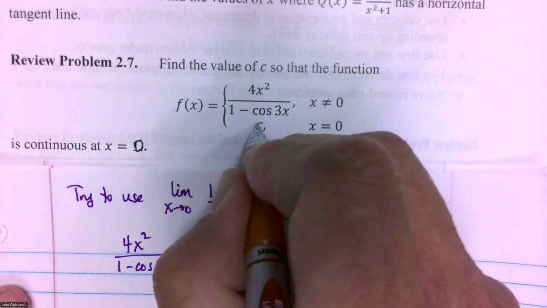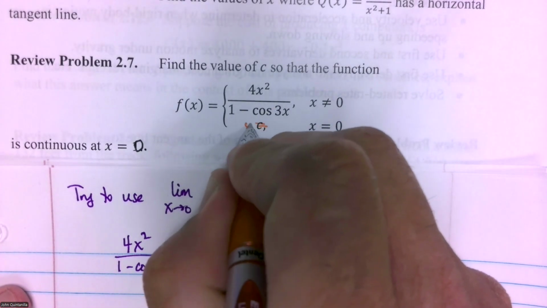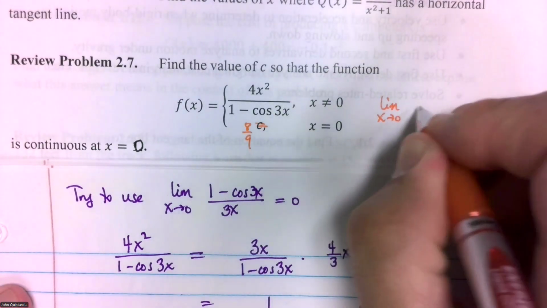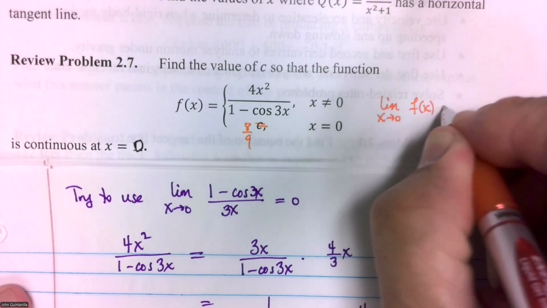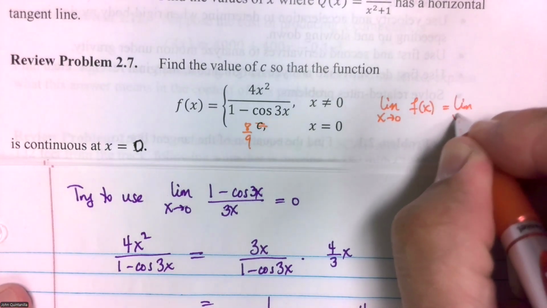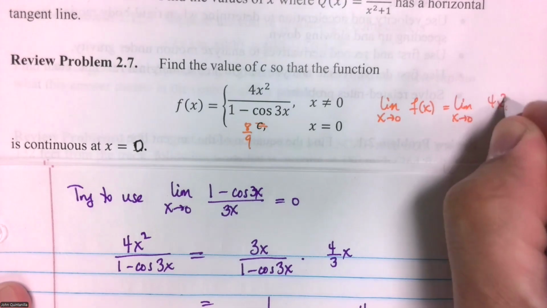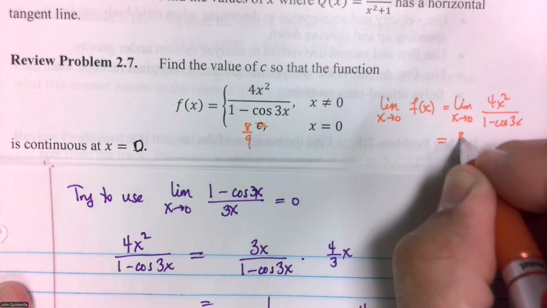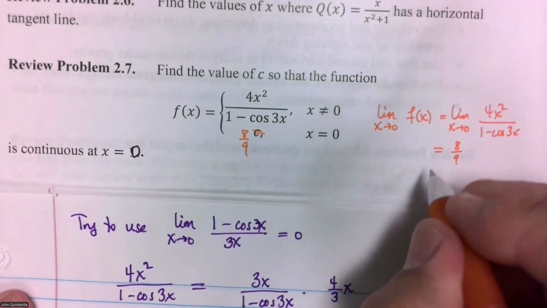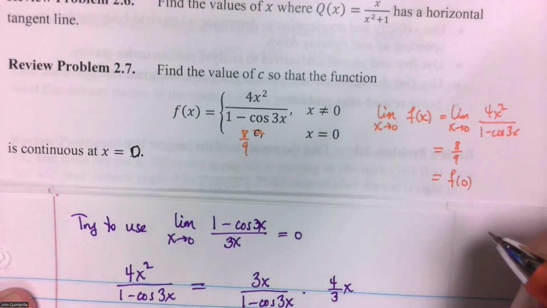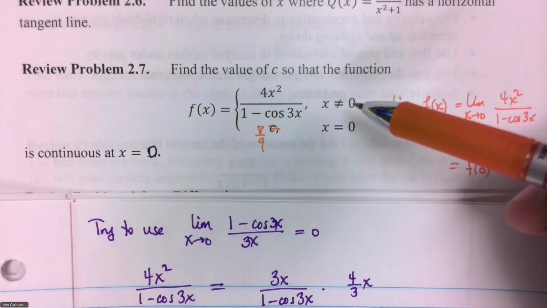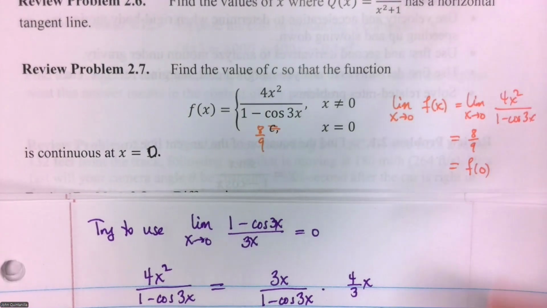If c is equal to 8/9, then the limit as x approaches 0 of f of x will be the limit as x approaches 0 of 4x squared over 1 minus cosine 3x, that is equal to 8/9, and 8/9 is indeed equal to f of 0. That would confirm that this function is indeed continuous at x equals 0 as long as my c is equal to 8/9.